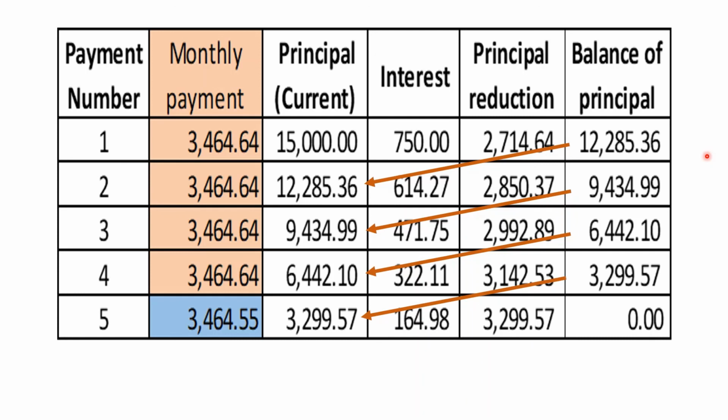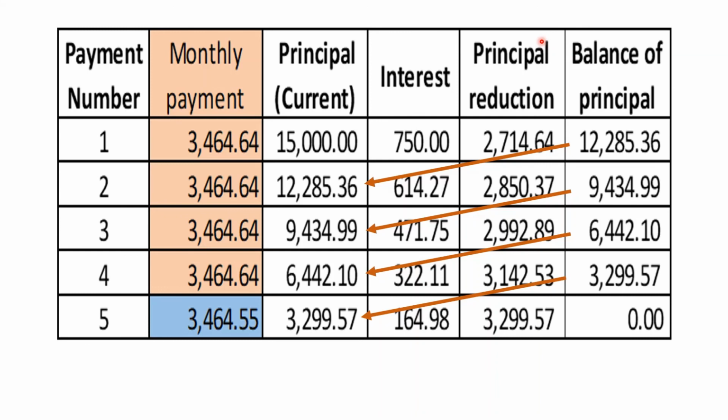So, as you noticed, in payment number 5, the payment is not the same as the previous payments. So, why is that? Because we have to adjust the last payment. It often happens that the remaining principal is not exactly zero after the last payment.